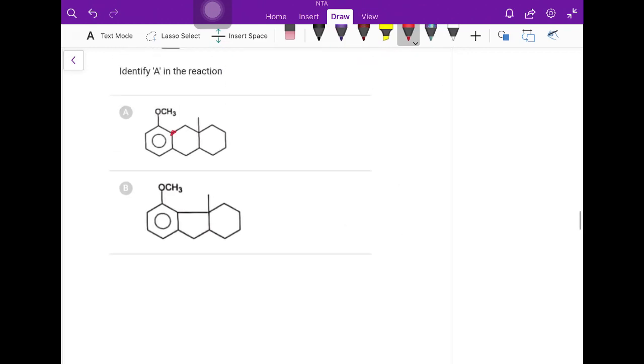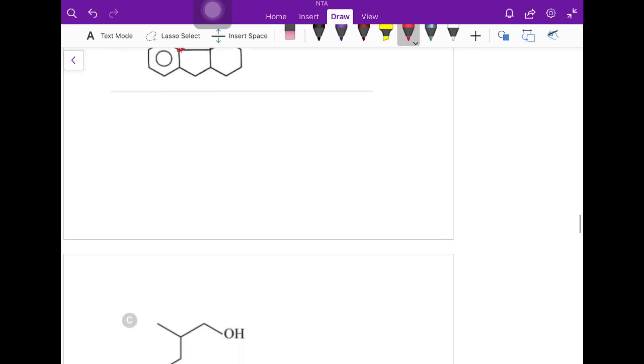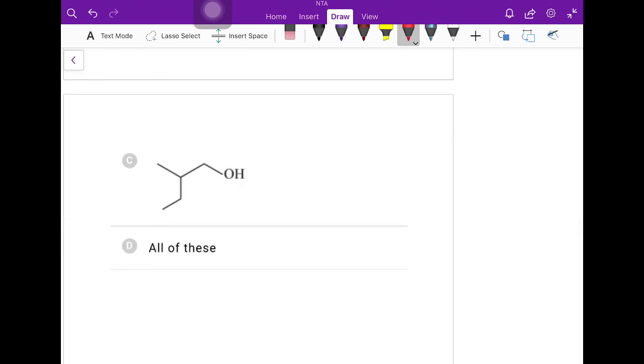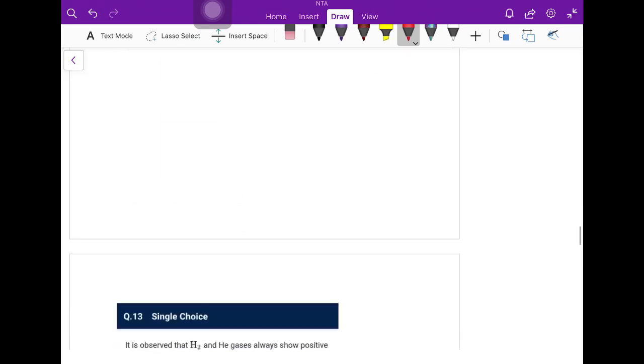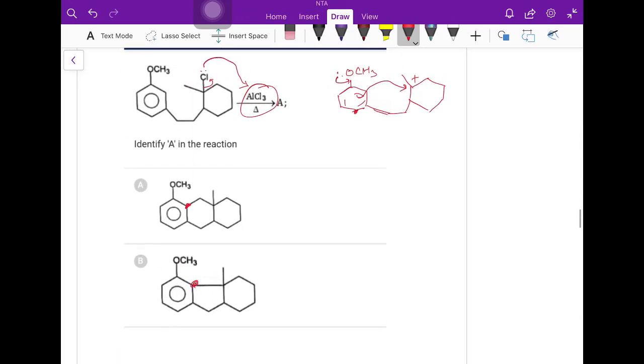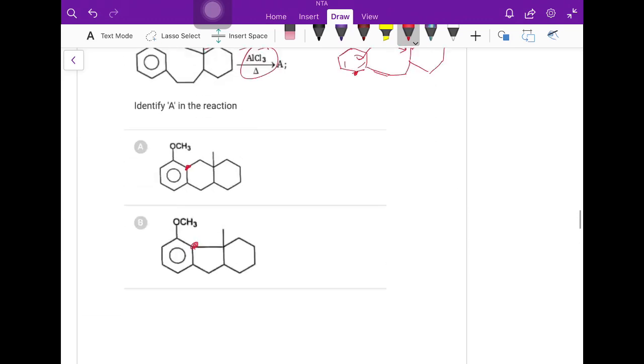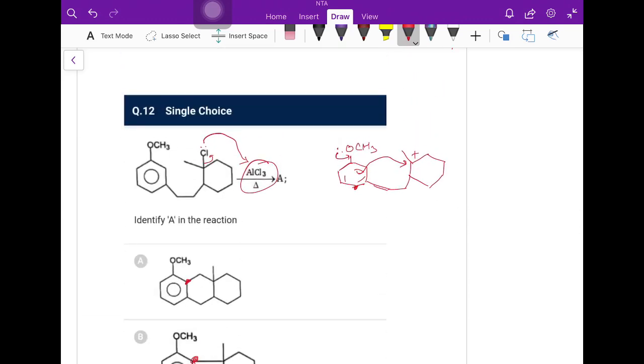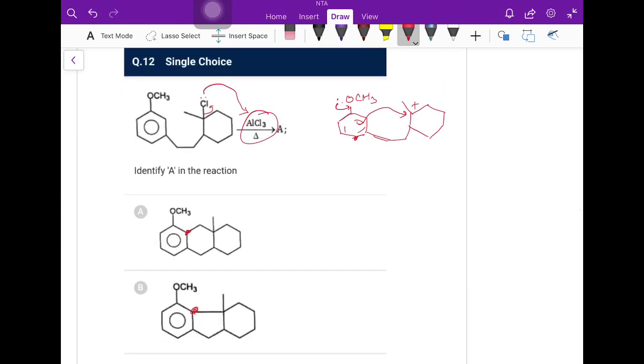shown us the attacked position is ortho only. We do not have all the options, but the options they have attacked to ortho position only, so we are attacking it to ortho position, and then it will be formed like this.